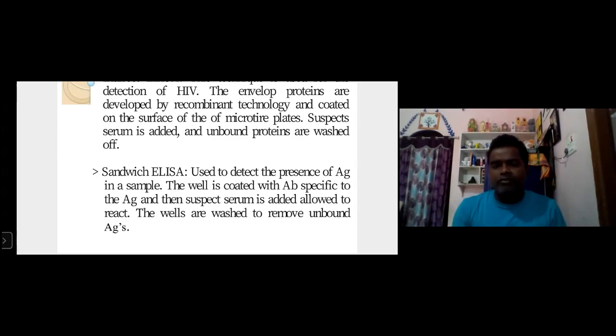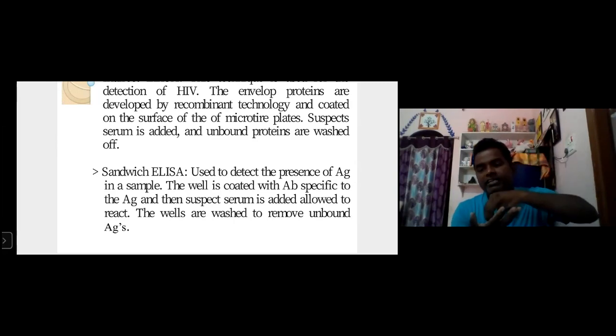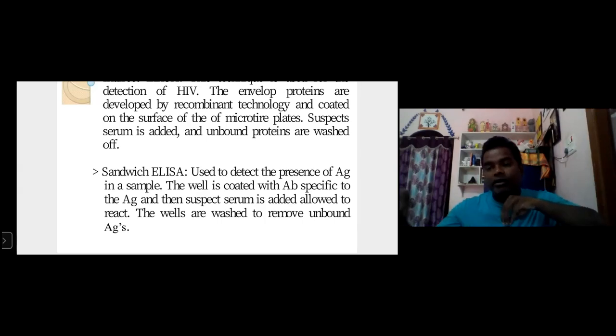It is used to detect the presence of antigen in a sample. The well is coated with antibody specific to the antigen, and then the suspect serum is added to the well. If the antigens are added, antigen-antibody complexes are formed. Then, with the help of water, remove the rest, so that only complexes are there.